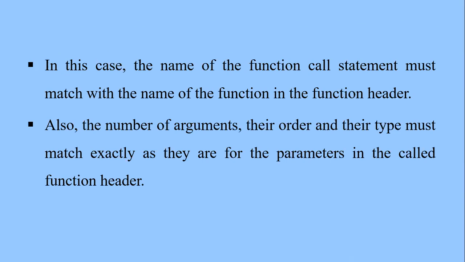In other words, if in your call statement you are calling a function and you are giving it one argument or one actual parameter, then where that function is defined, it should have one parameter. If the actual parameter or the argument was of type integer, then the receiving function's parameter should be of type integer.